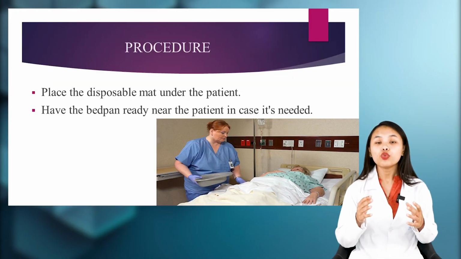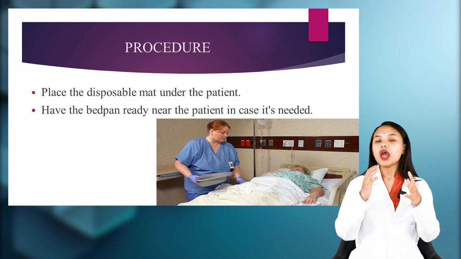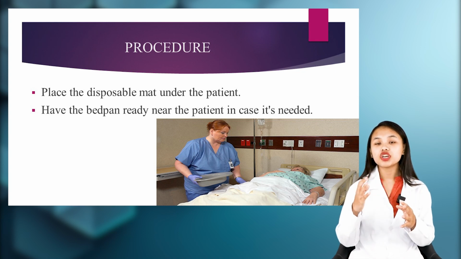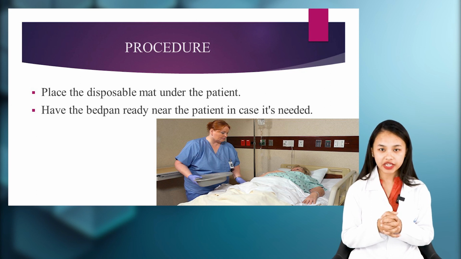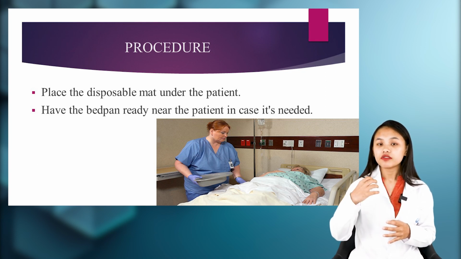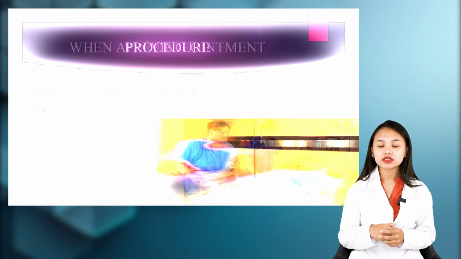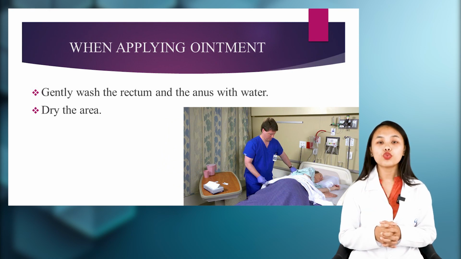And then we must place the disposable mat under the patient. And then we must have the bedpan ready near the patient in case they have the urge to urinate or defecate.